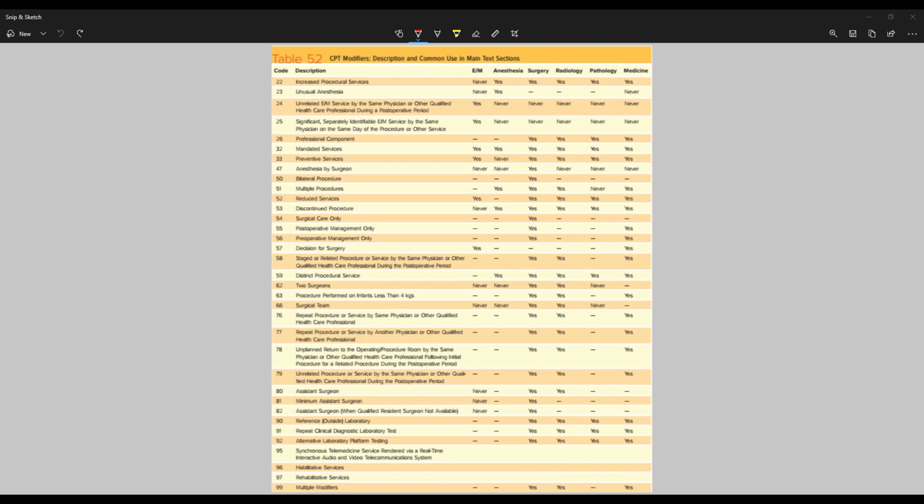So if we're looking at a practice that does tobacco use cessation counseling, we can use these codes for that. And then category 3 codes are like experimental. These codes tend to be temporary and often are seen for new technologies, procedures, etc. They're going to have both numbers and letters in them.